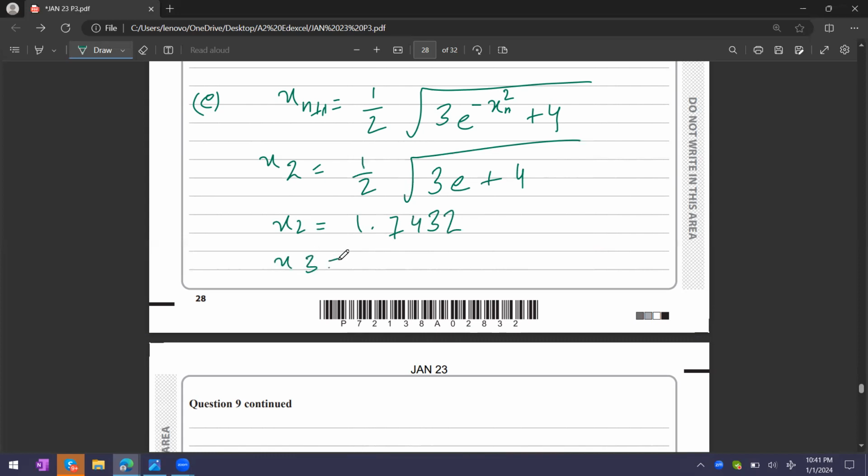Now we can find x3. You can put this back in the formula. x3 I'm getting as 1.0178.